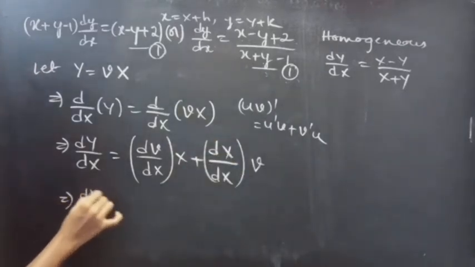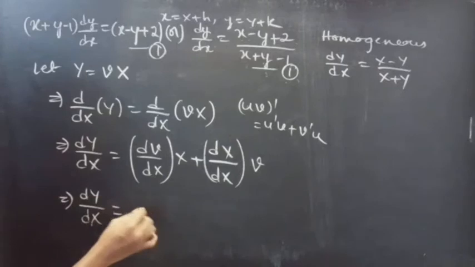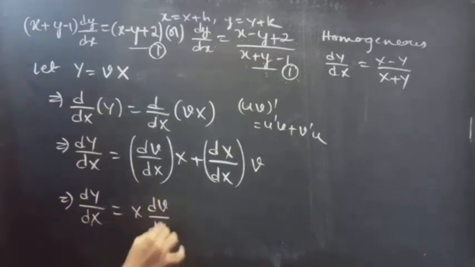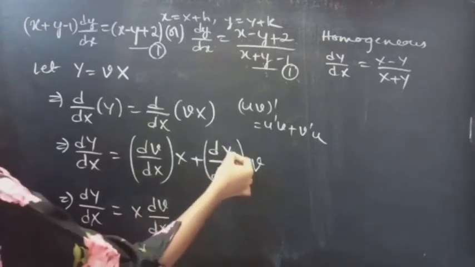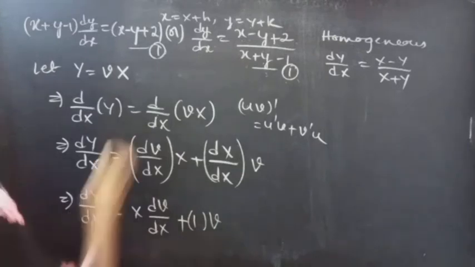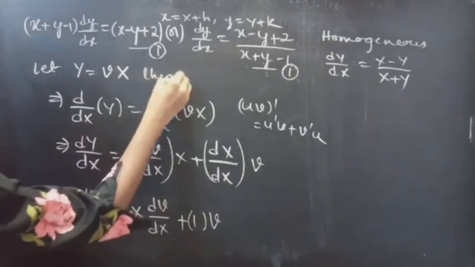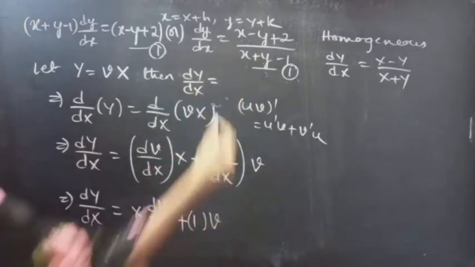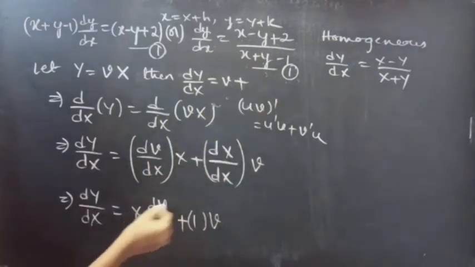Then you'll get dy by dx equals x into dv by dx plus derivative of x with respect to x, which is 1, into v. Then dy by dx equals v plus x into dv by dx.